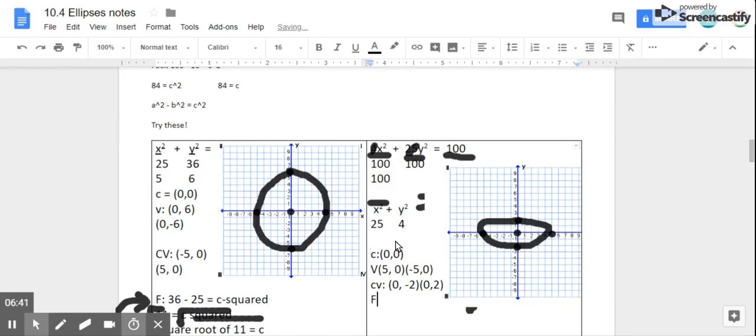And then finally your foci. So again, go back to the original equation, take these two values and subtract. So what is 25 minus 4? 25 minus 4 is 21.